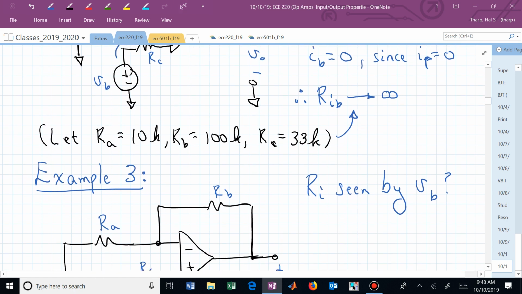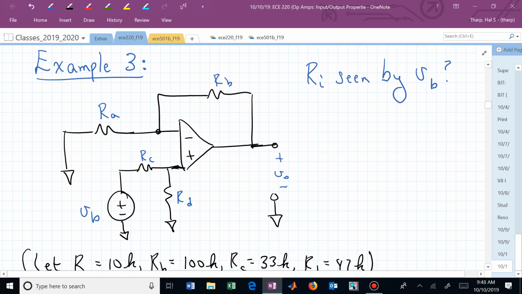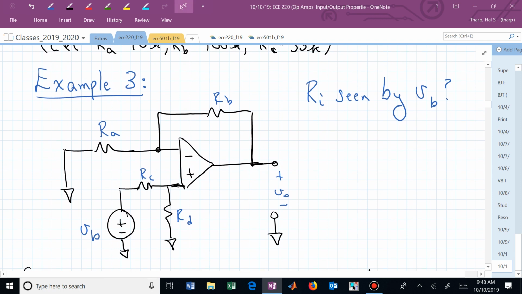Let's look at some more. Example 3. And we won't go quite to the numerical values just yet. Let's go ahead and make this a little bit more specific.